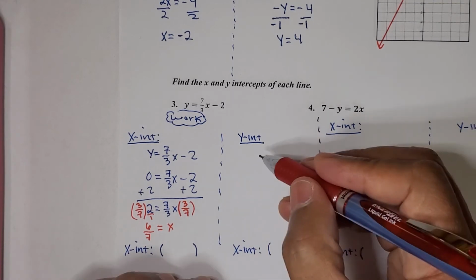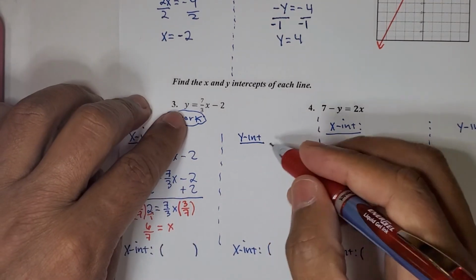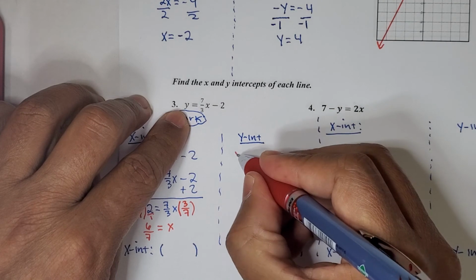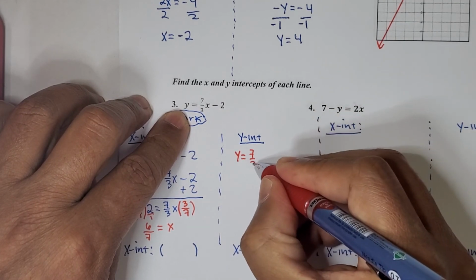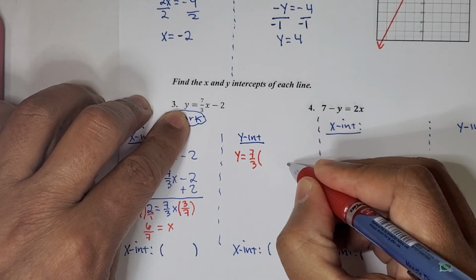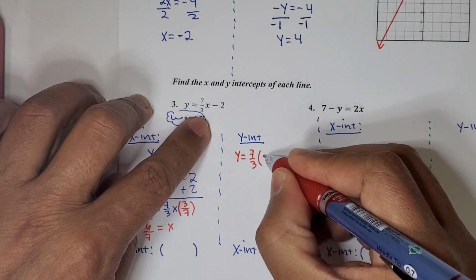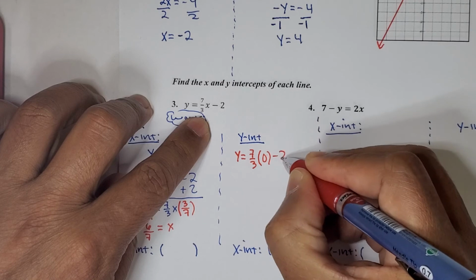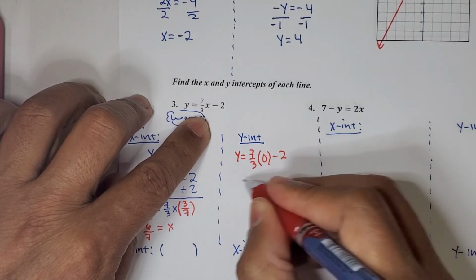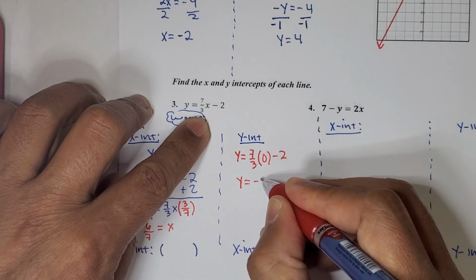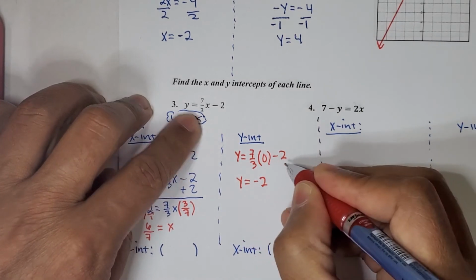Okay, let's do the same for the y coordinate. So for this one, y equals 7/3, but what's the value of x now? X has to be set equal to 0, minus 2, but 7/3 times 0 is just going to be 0, and 0 minus 2 is, I'm sorry, and yeah, it's -2.